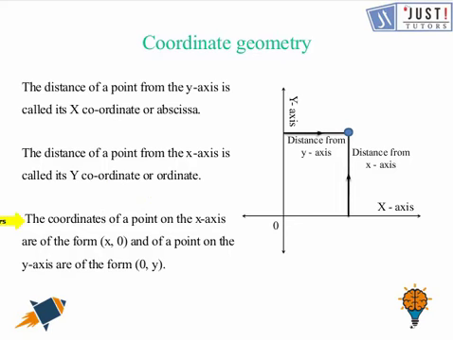Now the coordinate of a point on the x-axis will have only a number at the x, and on y it will have a 0. Similarly, a point on the y-axis is formed by putting 0 at the x because it's not going anywhere on the x. However, on y we'll have a particular number, that is the number of units it has moved.